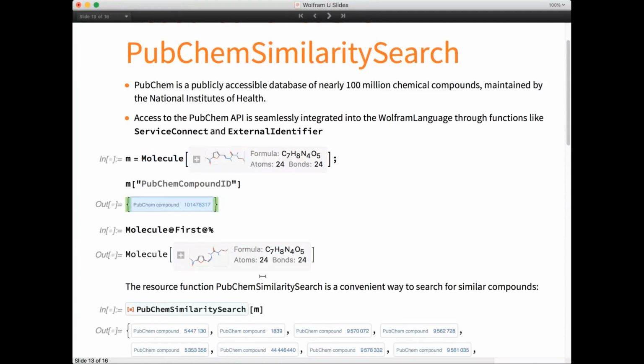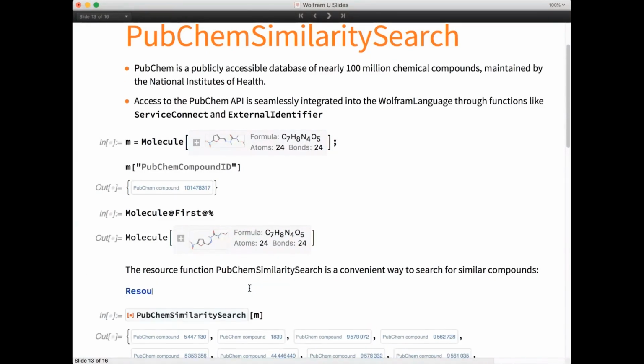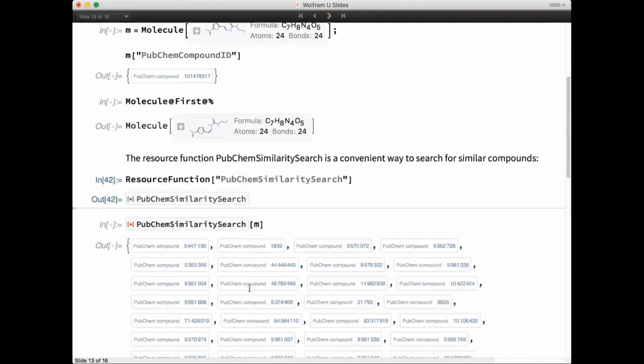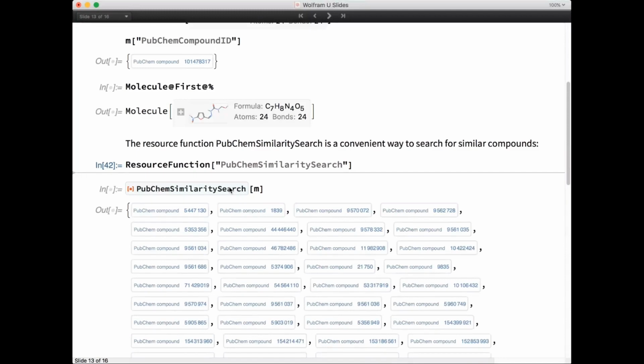What's interesting, though, is that you can then use this resource function. For anyone who's unfamiliar, the way this works is I type ResourceFunction PubChem similarity search, and when I evaluate that, it highlights in my notebook using this box, and you can use that box as the head of an expression.